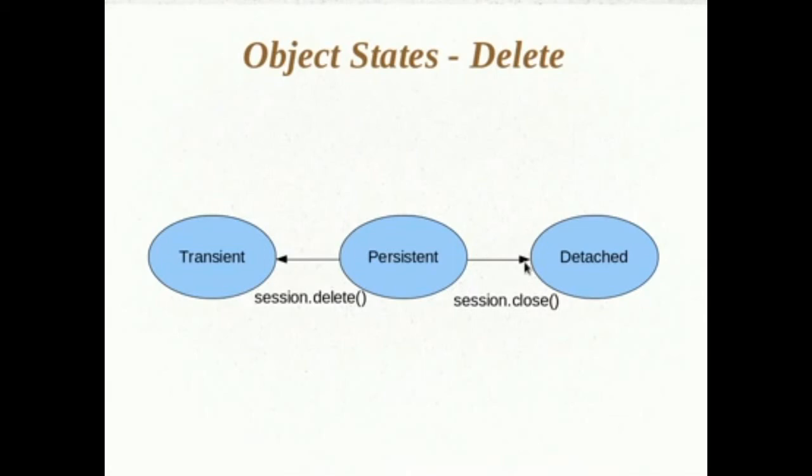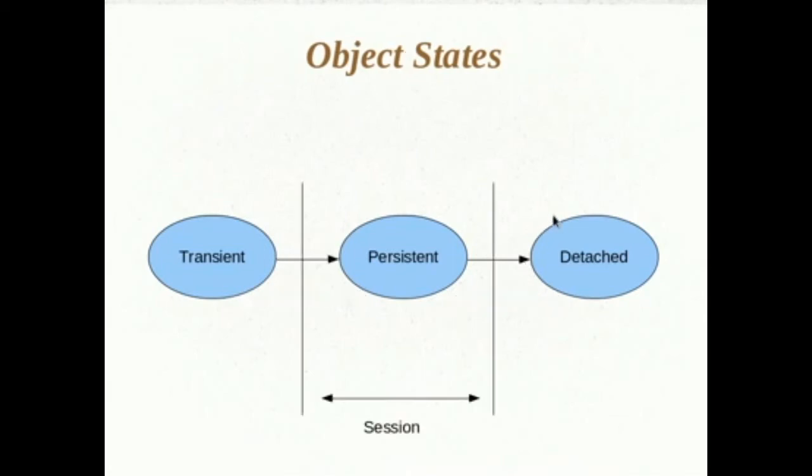Okay, so these are the flows that we saw in our previous tutorial. The thing to note here is that the change from transient to persistent and the change from persistent to detached is happening because of the session involvement. The transient object becomes persistent once it's attached to the session, and the persistent object becomes detached once it is removed from the session.